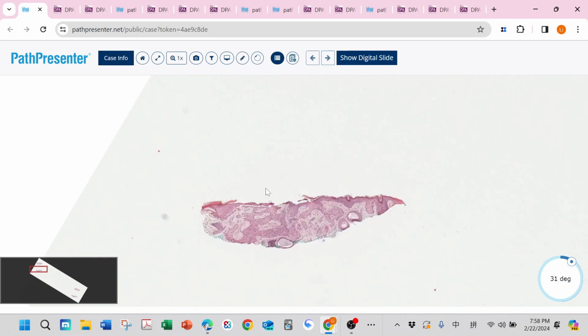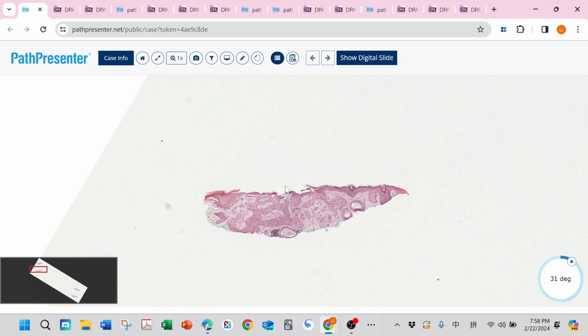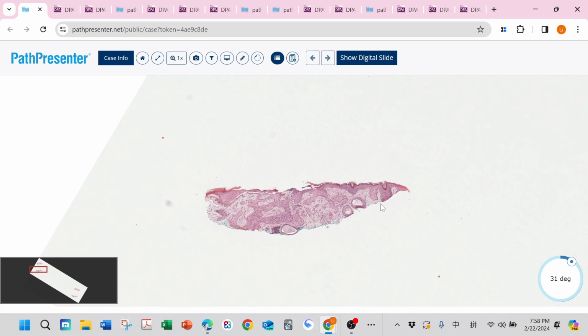Okay, let's continue. In low power, we can see this tumor going from east to west. A really thin lesion, east to west. Compared to the normal epidermis, we can see some cords or strands of monotonous cells, really distinct from the other epidermis.